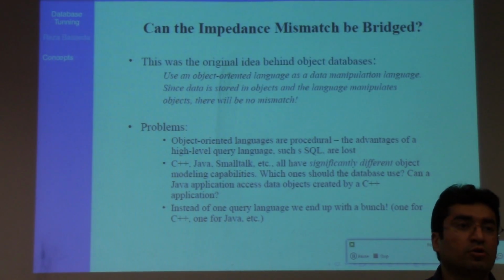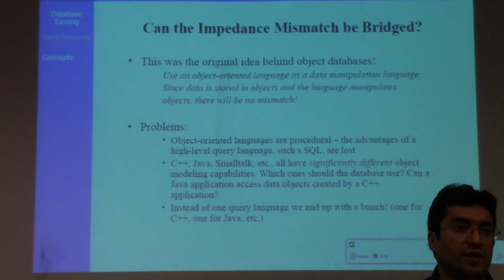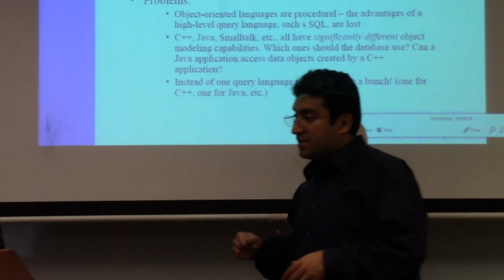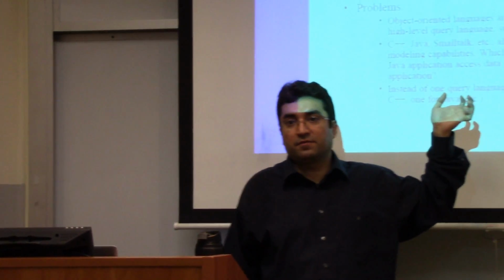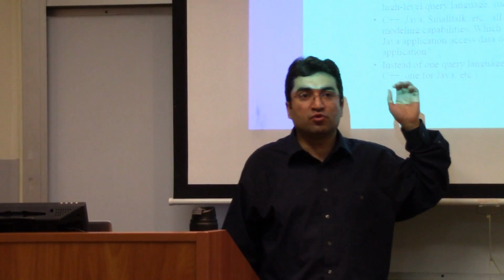You don't say anything about loops or hash join or anything like that. You just say select, and this is the database's task. So the first problem is that you want to keep the benefits of a declarative language. You don't want to sacrifice that benefit. So when you want to bridge this gap, you have to resolve this issue.